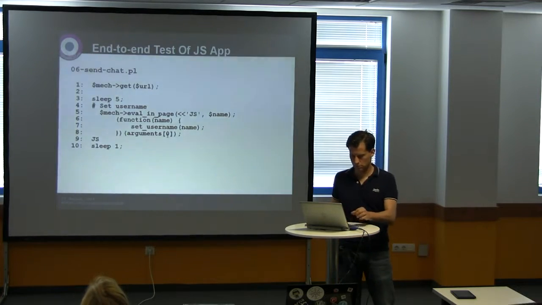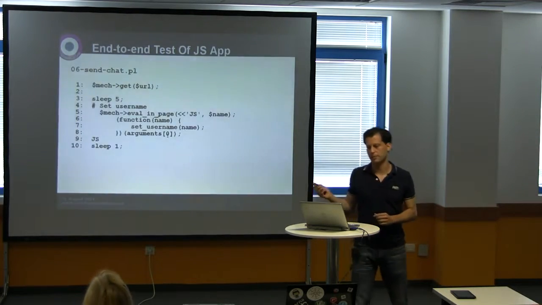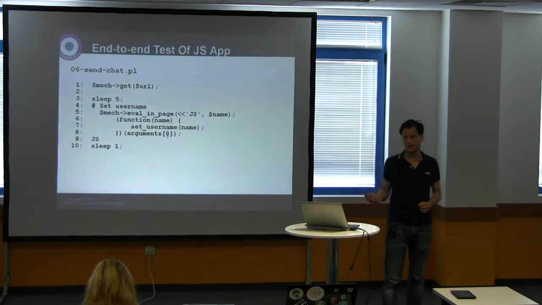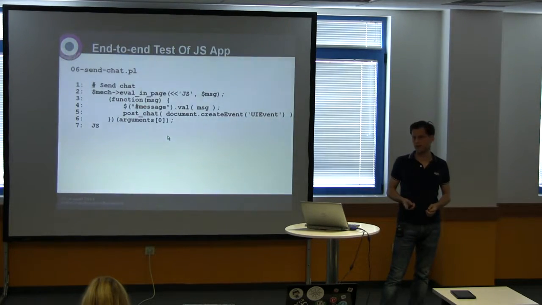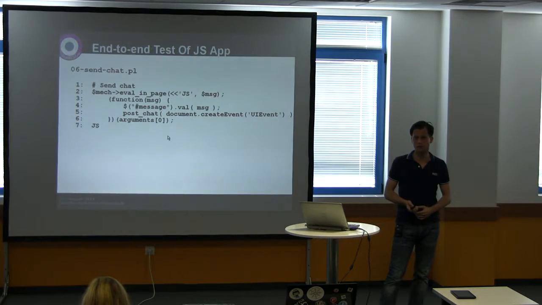Here, first I set the username in the chat by calling the JavaScript setUsername function, and after setting the username, I then send a chat line by calling the post chat function also found in the JavaScript.